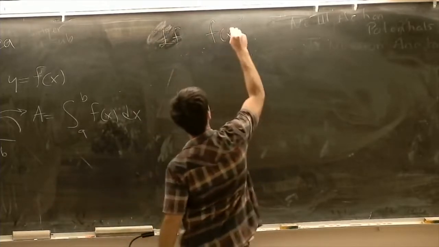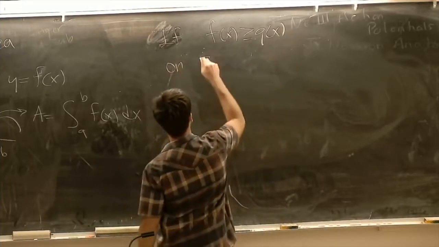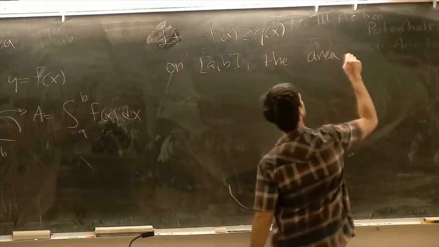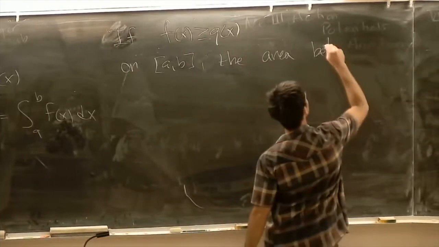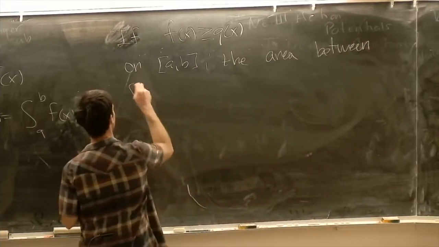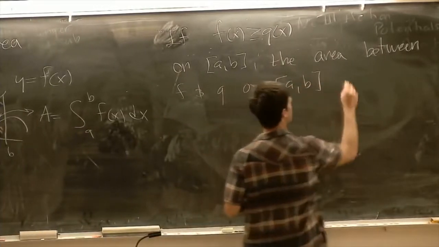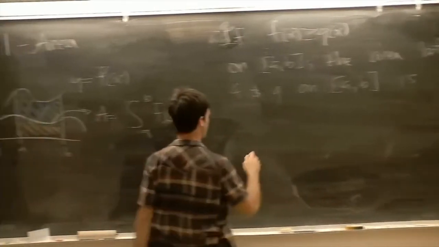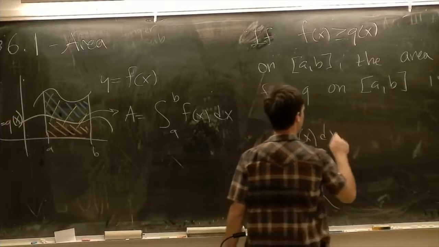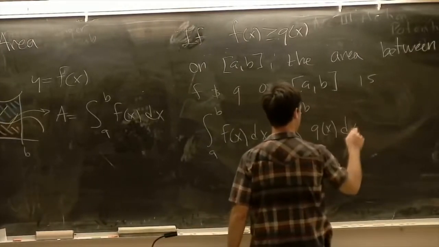If f of x is greater than or equal to g of x on some interval a, b, the area between, and what I should really say is below, but the area between f and g on a, b is, well, according to the picture that I just saw, the integral from a to b of f of x dx, and then subtract off the integral from a to b of g of x dx.